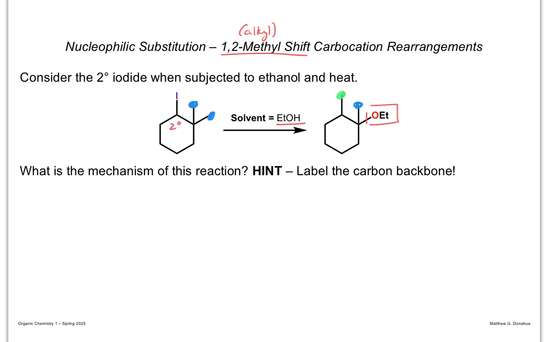So in the starting material, they're both blue because they're bonded to the same carbon. Then in the product, the blue one's retained, and then one's highlighted green because it moved over. And where did it move over to? Where the iodide was. So let's walk through this mechanism.